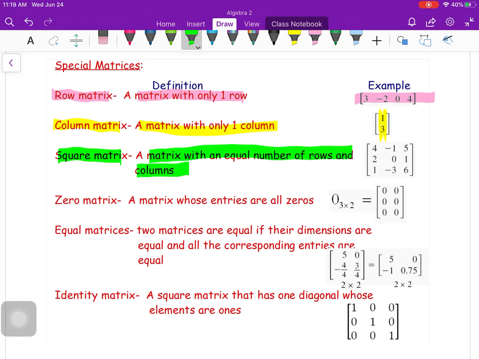A square matrix is a matrix with an equal number of rows and columns, a matrix with equal dimensions. As you see here, this is a 3 by 3, 3 rows and 3 columns.